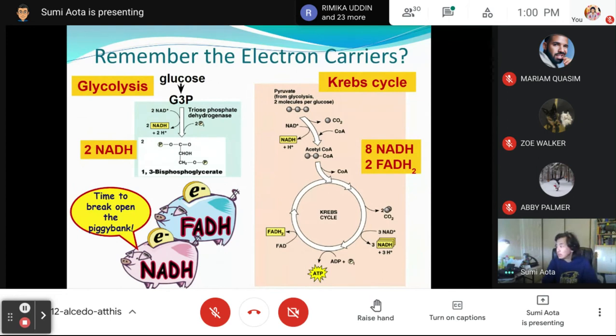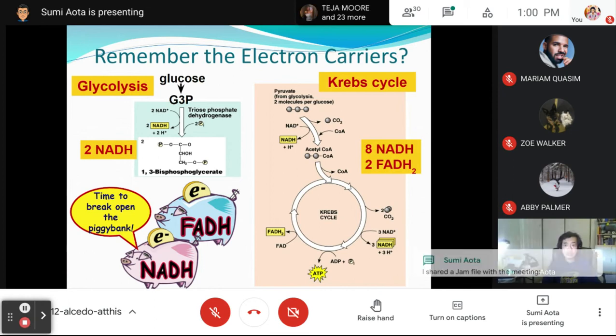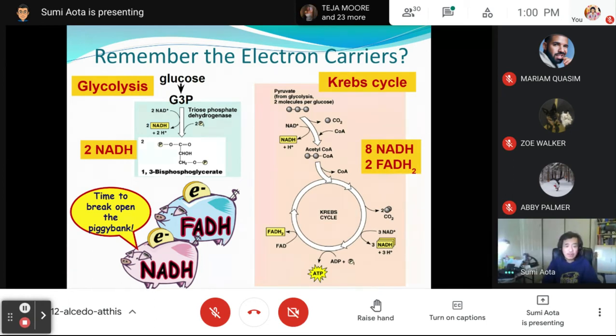The first part, I am going to show you the electron transport chain part first. After that, I'm going to give you the generation of ATP.